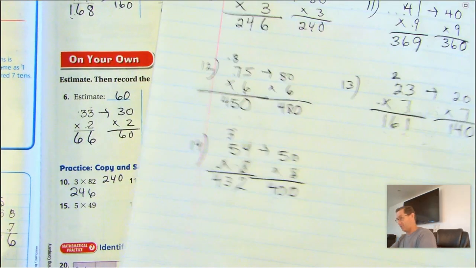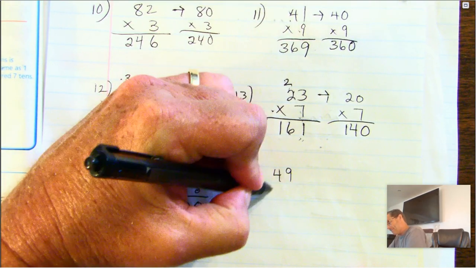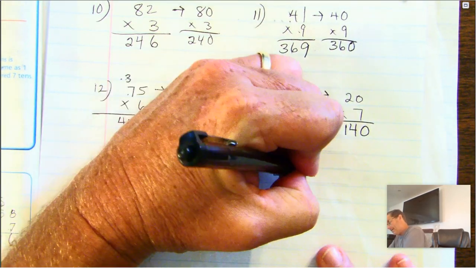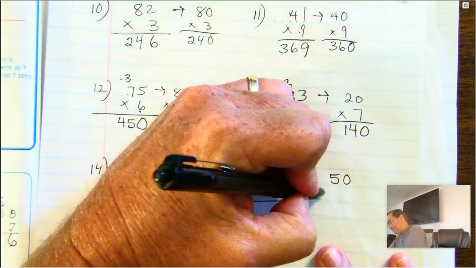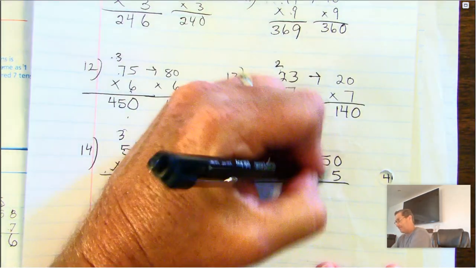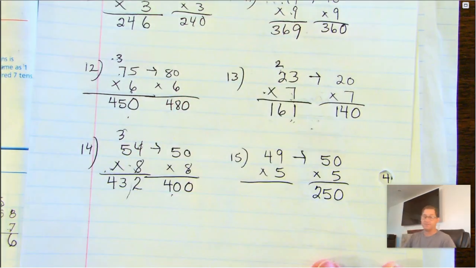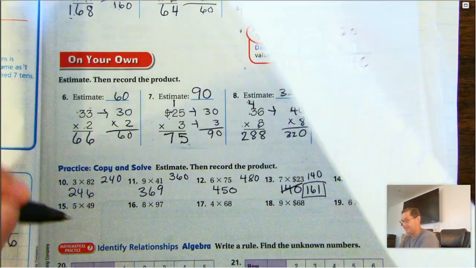15. 5 times 49. 49 is close to 50. So we have 5 sets of 50. 5 times 5 is 25. Put the 0 from the tens, 250.